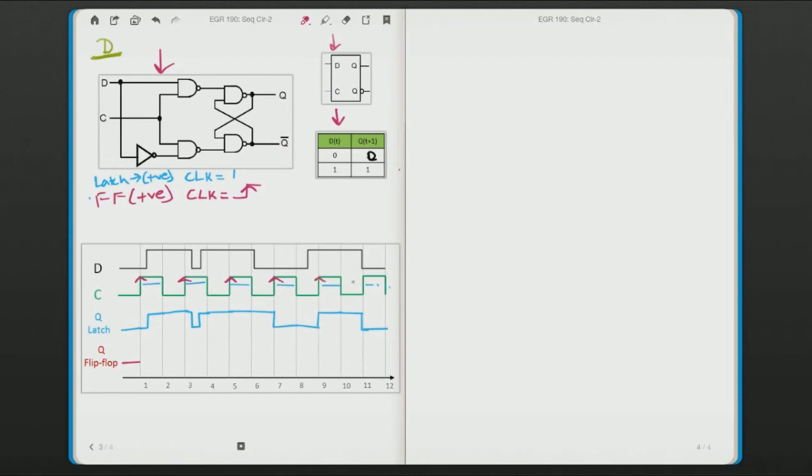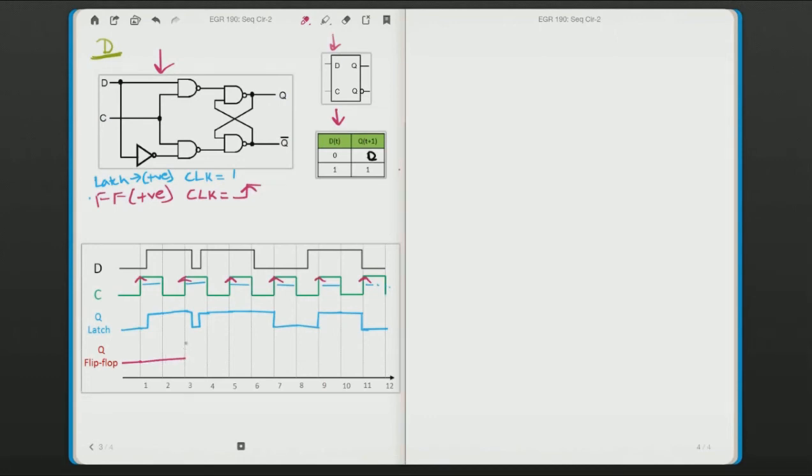There are, let's look here, 1, 2, 3, 6 times when clock is changing from 0 to 1. So during time 1, clock is changing from 0 to 1. What is the value of D? Which is 0. So retain that 0 till the next time clock is changing from 0 to 1.